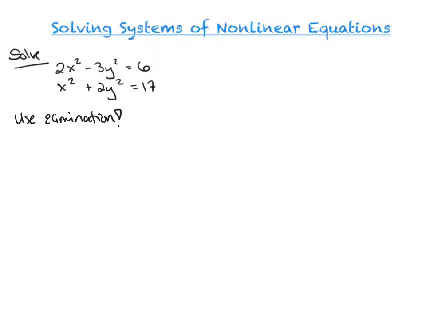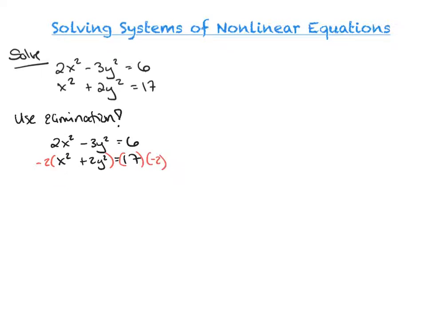So remember, when we do the elimination method, we want to multiply one or both of our equations by some number to make one of our variables add to 0. So if we had 2x squared minus 3y squared equals 6, and x squared plus 2y squared equals 17, and let's say that I decided to make the x's add to 0, I would do that by multiplying this bottom equation by -2.